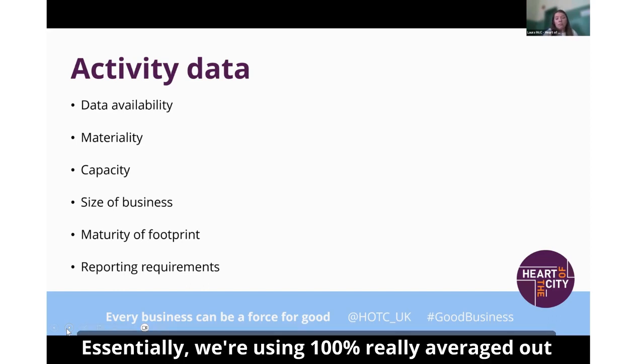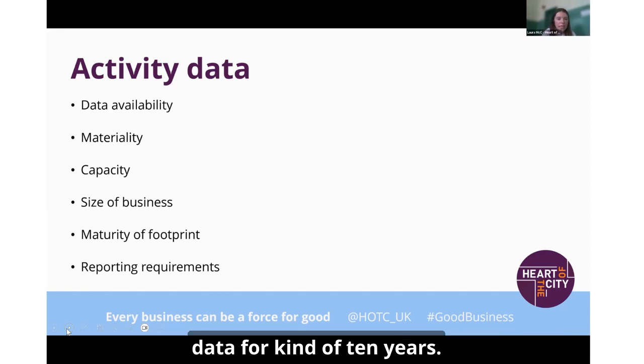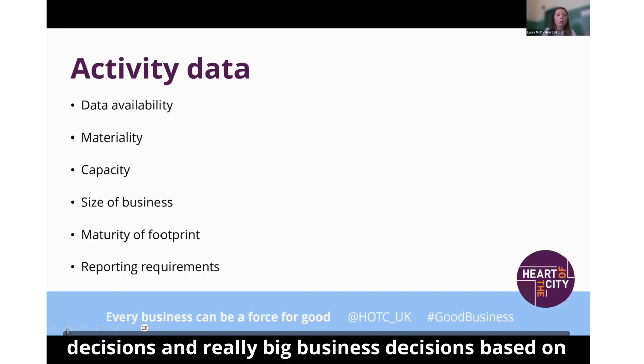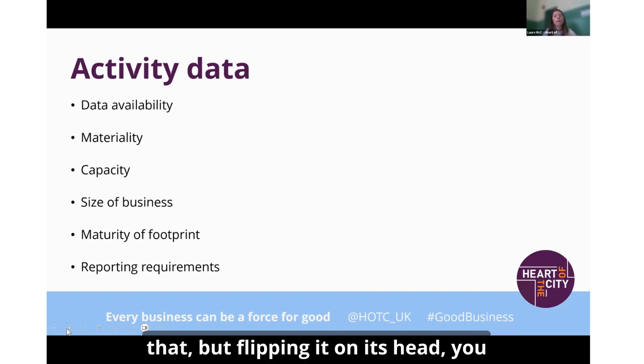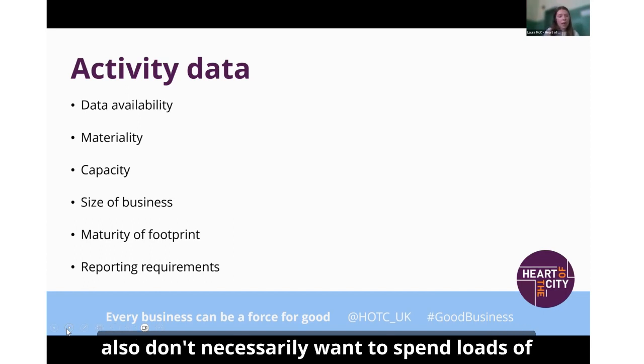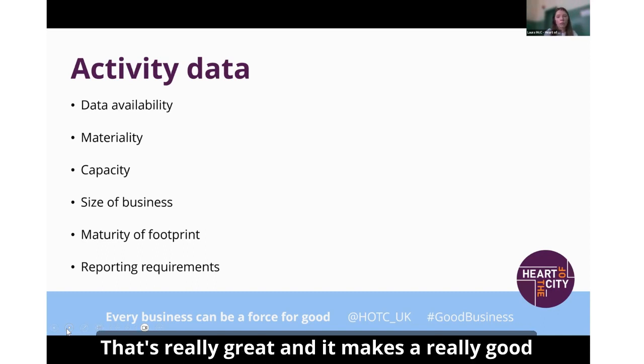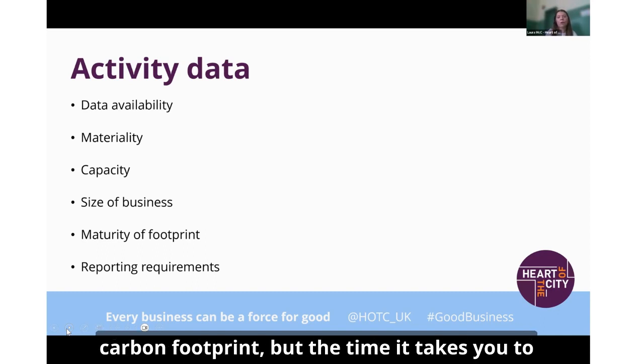Essentially, if we're using 100% really averaged out data for kind of 10 years, you're not going to feel comfortable making financial decisions and really big business decisions based on that. But flipping it on its head, you also don't necessarily want to spend loads of time collecting 100% primary data that's really great and makes a really good carbon footprint.